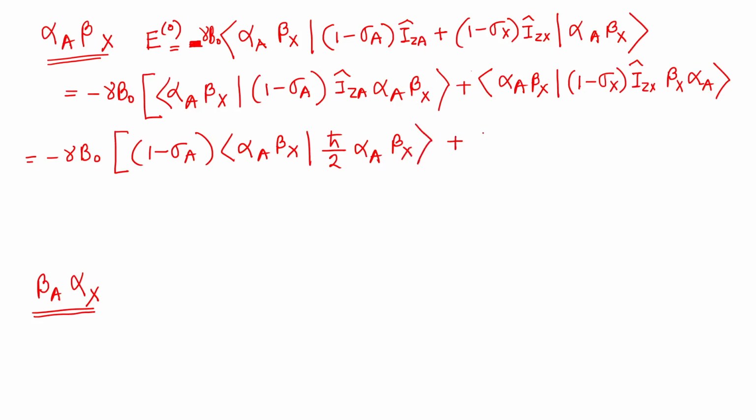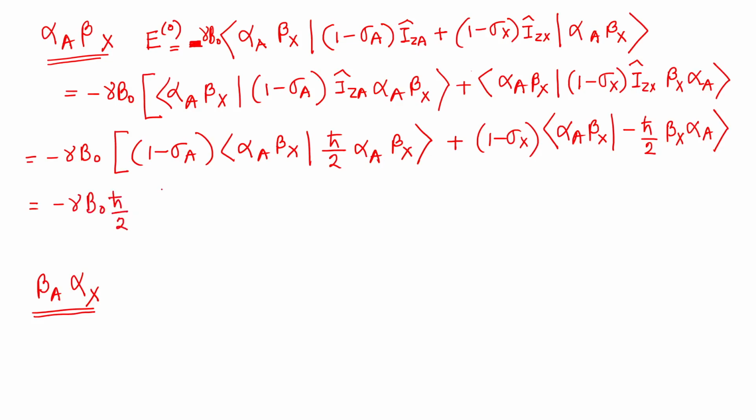Then here 1 minus sigma x I can take outside, with alpha A beta x, and it is going to be minus h cut by 2, leading to the same eigenvalue, eigenfunction. So I can take h cut by 2 outside, and the normalization conditions are going to yield me 1.